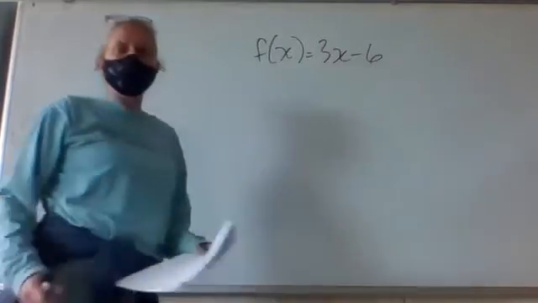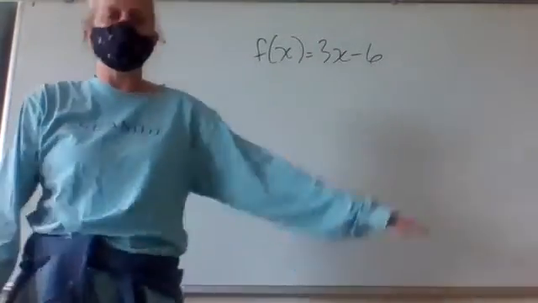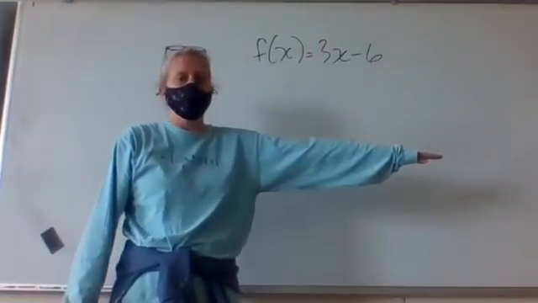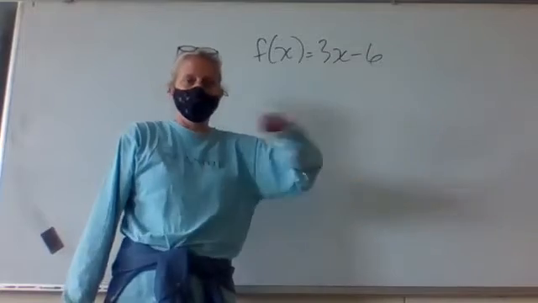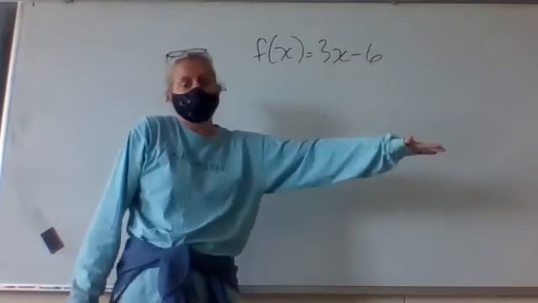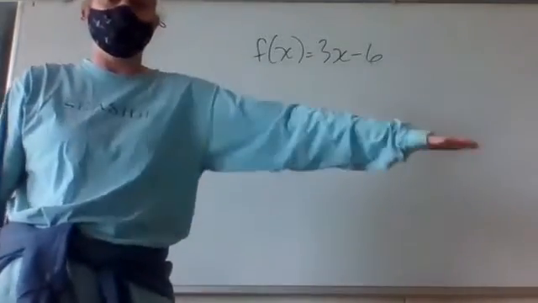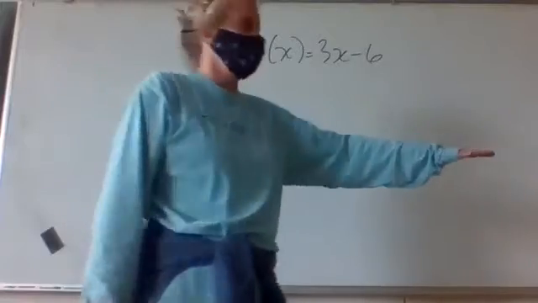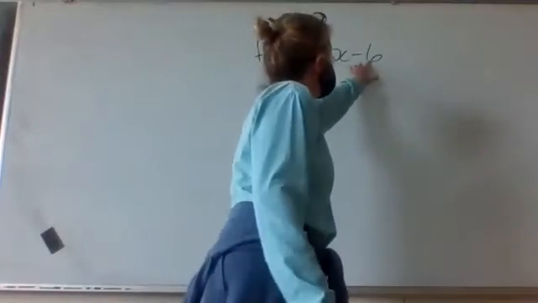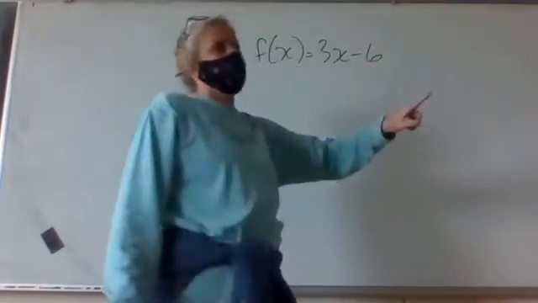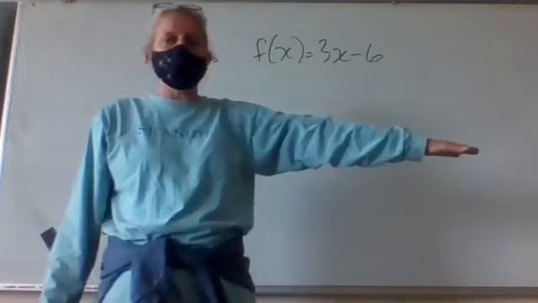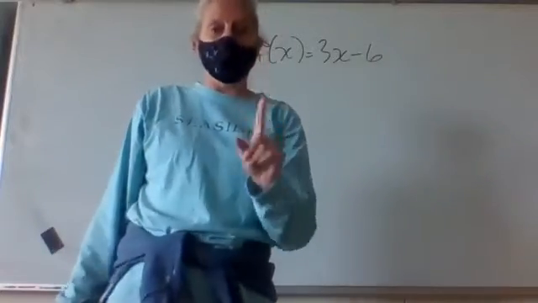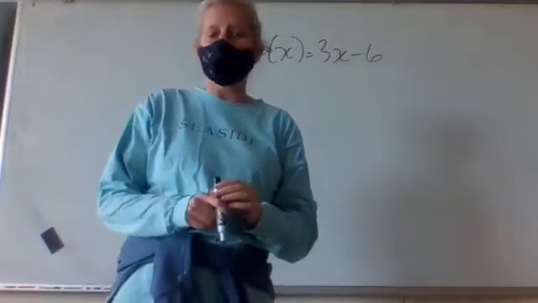If a function is 1 to 1, it passes the horizontal line test. Remember the horizontal line test? It's pretty much the same thing as the vertical line test. It's just using a horizontal line. If your function, when you graph it, if you can draw a horizontal line through it and only touch it once, then it is going to be 1 to 1.